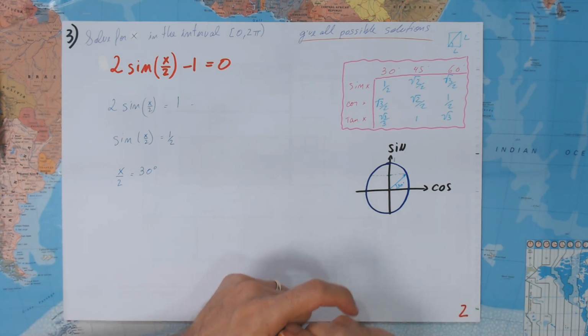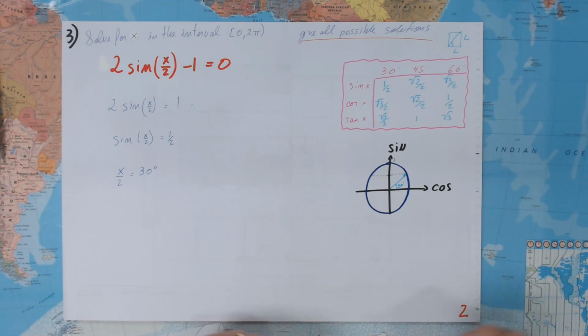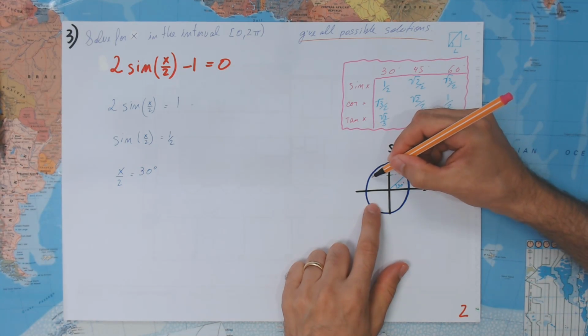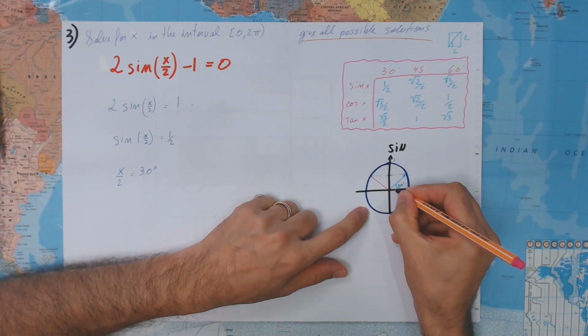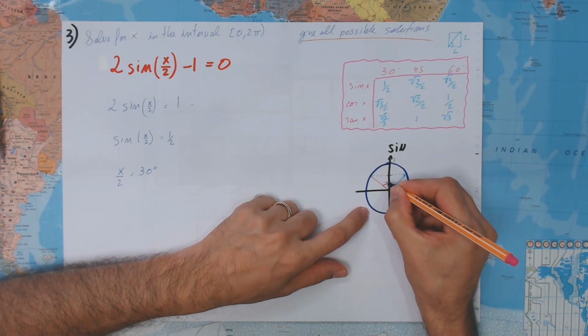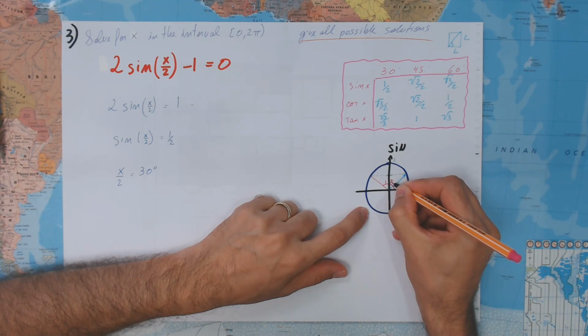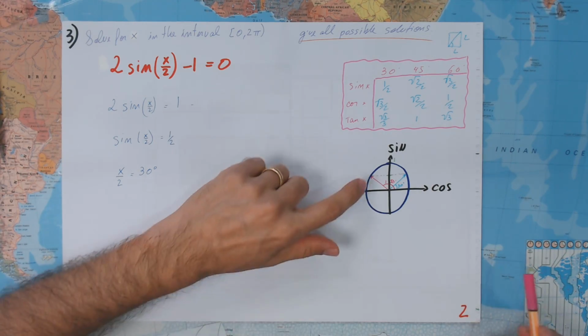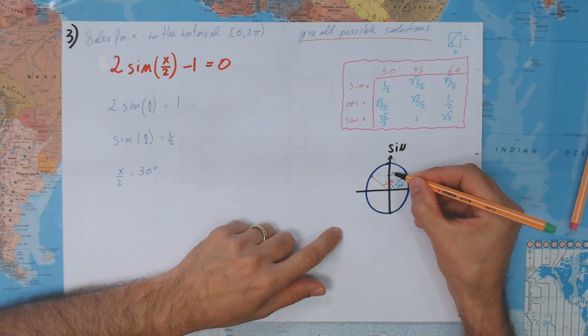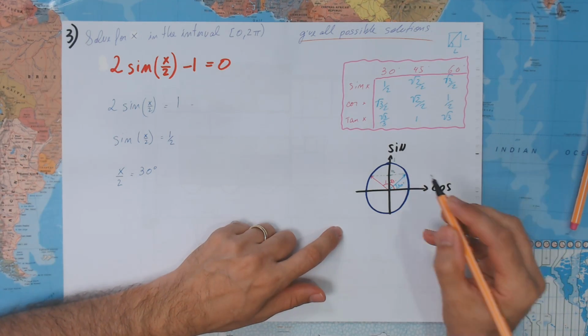So we have 2 possible angles, and one angle is going to be this one, which is 30 degrees. But we also have the supplementary one, 150 degrees. Both of them are going to give a sine of half. Okay?